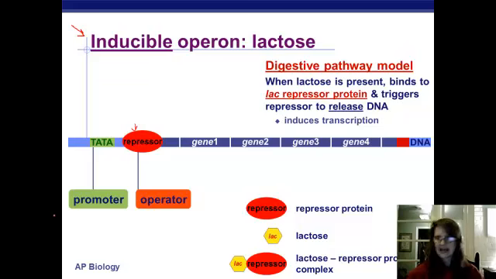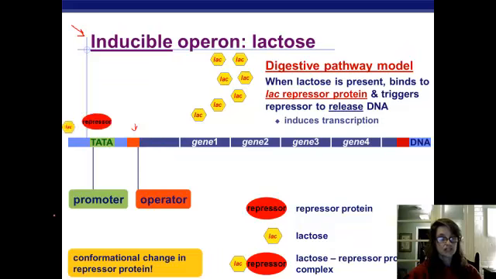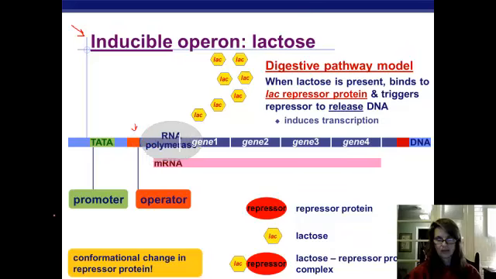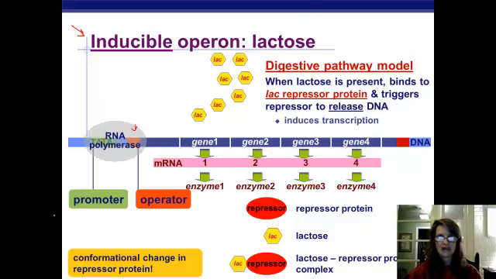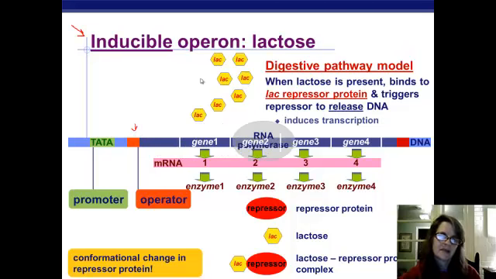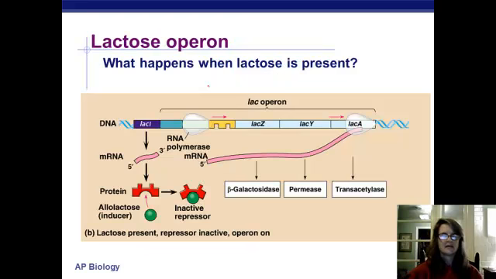But if there is lactose sugar around, it will bind to the repressor in this case and cause it to change its shape to lift off of the operator, and then RNA polymerase can come in and do its job and make the enzymes to digest all that yummy lactose, and then the bacteria is happy and can digest that sugar.